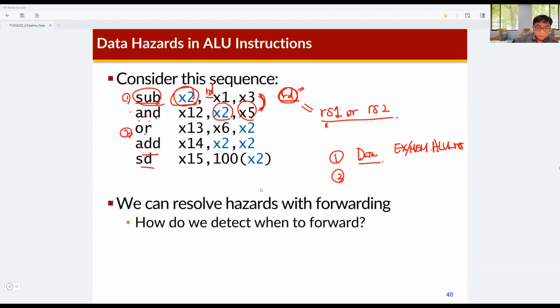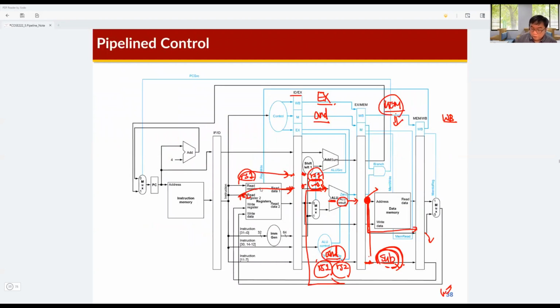How about the sub and OR instruction? For this data forwarding from sub to OR instruction, we need to use the ALU result in the memory/write back pipeline register. Why? In this case, the sub is here, and this is OR.